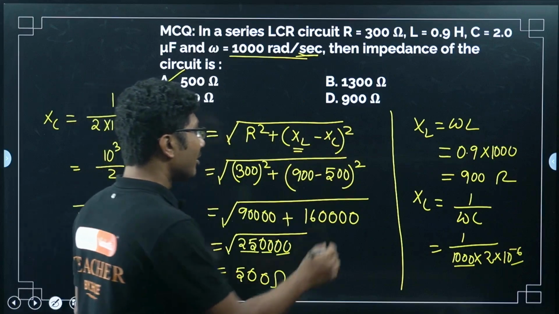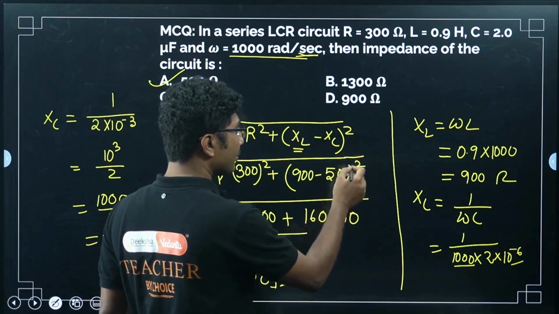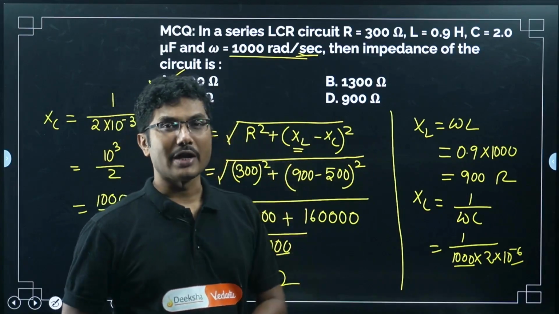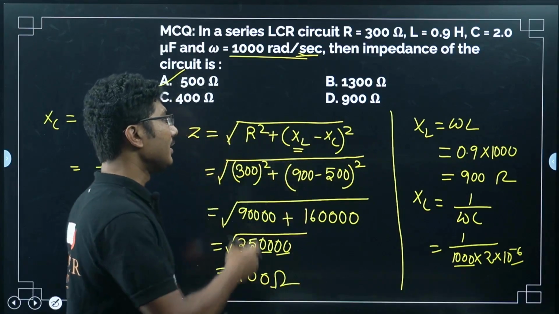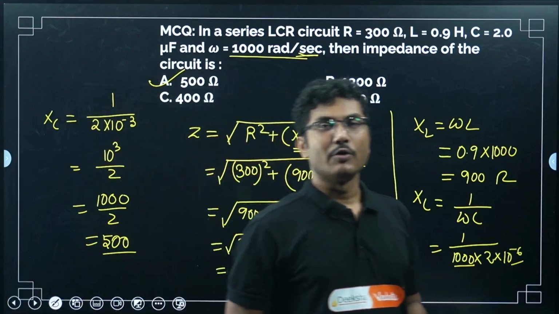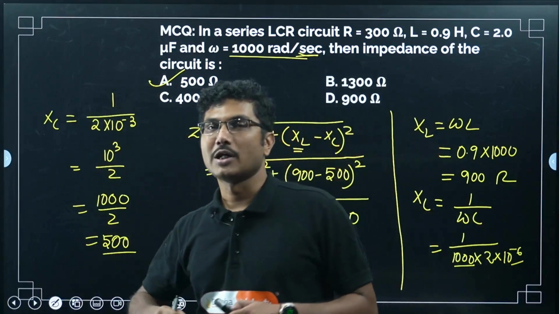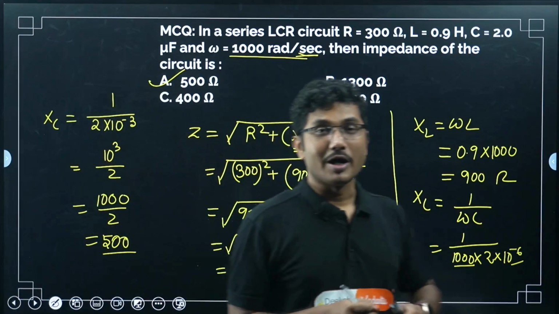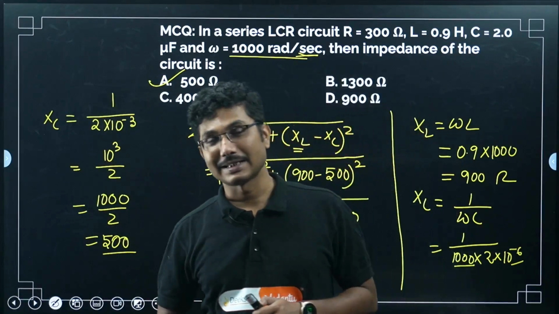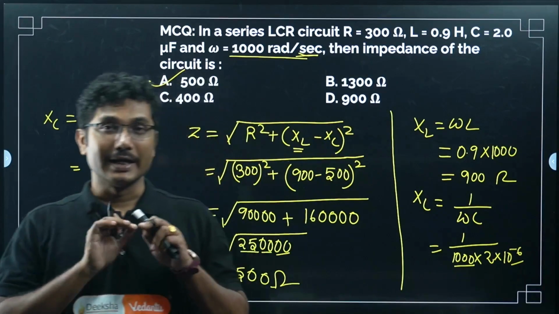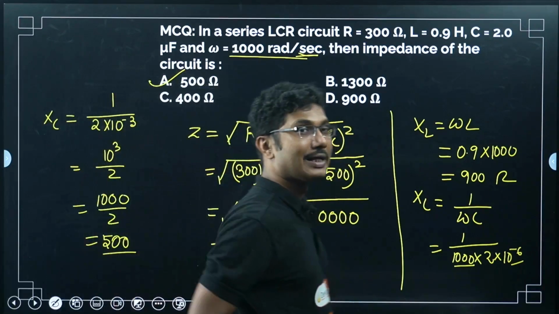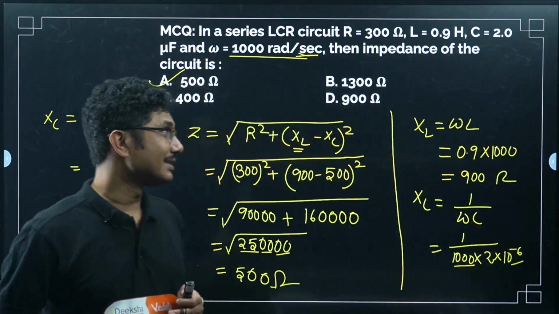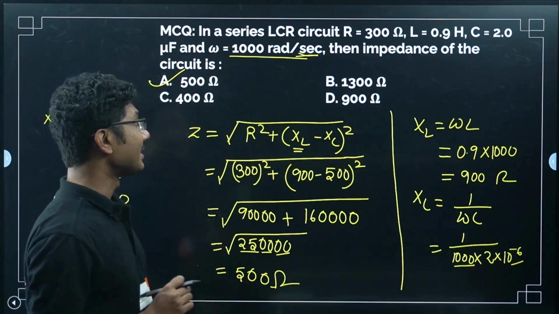Don't worry, because there is a square outside, even if the resultant term is negative, the square of that will become positive. So don't worry if it is written XC minus XL or XL minus XC. I know some of you started writing in the comments saying that, sir, in my textbook it is given XC minus XL. How can you say it is XL minus XC? It does not matter, because there is a square here, and I will explain the meaning of why XL is greater than XC, or XC is greater than XL, in a while.